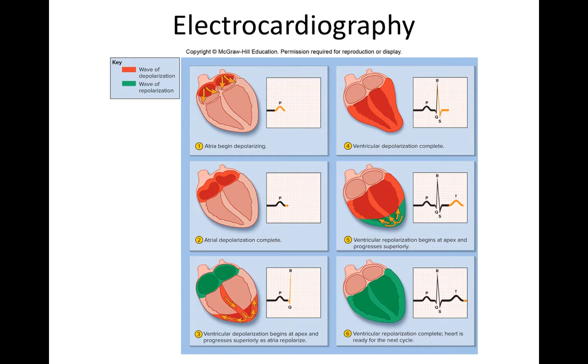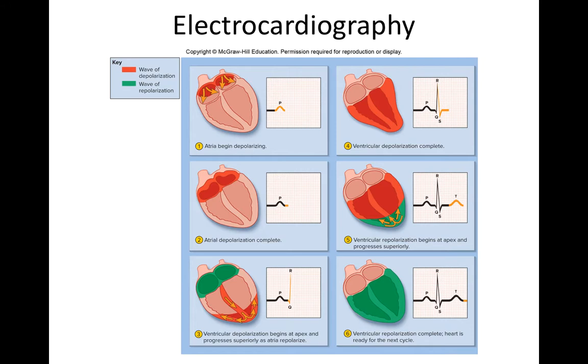It's important to understand that these are electrical events that we are watching, not physical events. So yes, depolarization leads to contraction, but when we see this P wave, that is not indicating atrial contraction. It's indicating atrial depolarization. The contraction will follow that. The electrical events lead to the physical events.